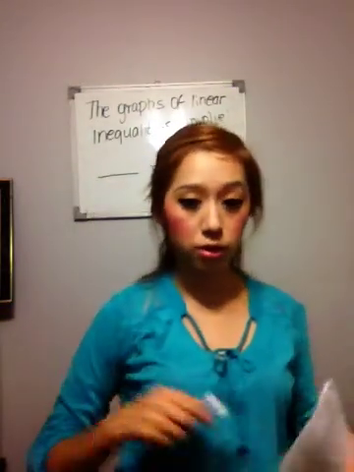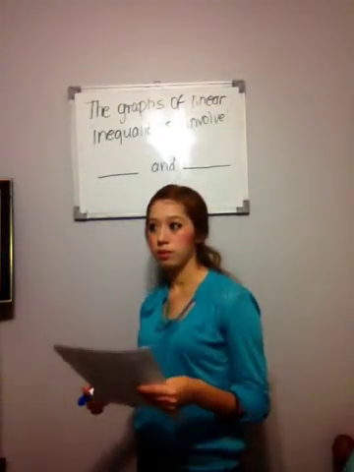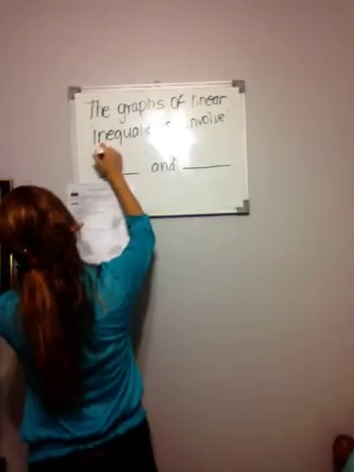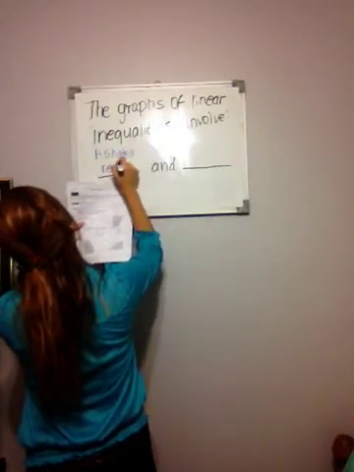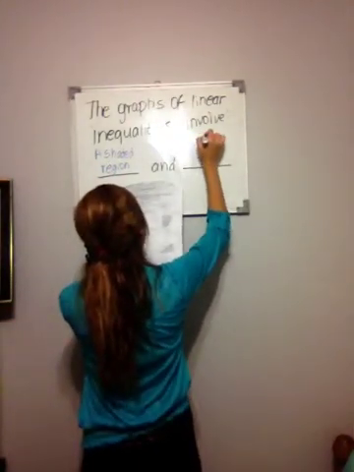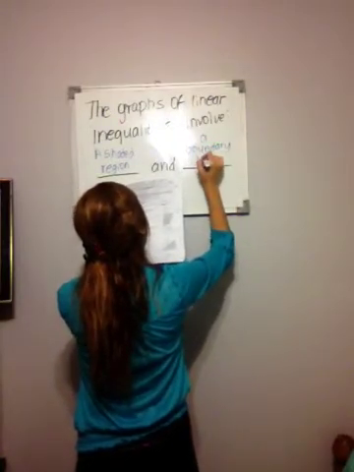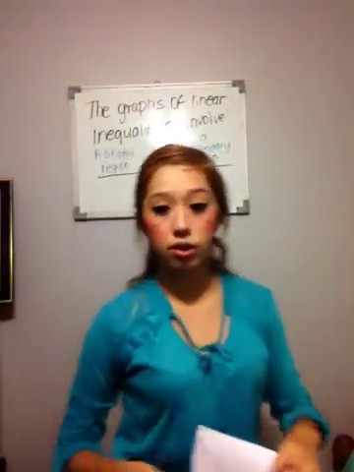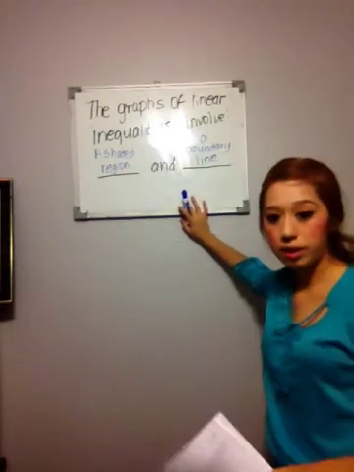Can anybody tell me what those two things are? That's very good. They have a shaded region, and yes, a boundary line. Okay, so those are the two things of the graphs of linear inequalities.